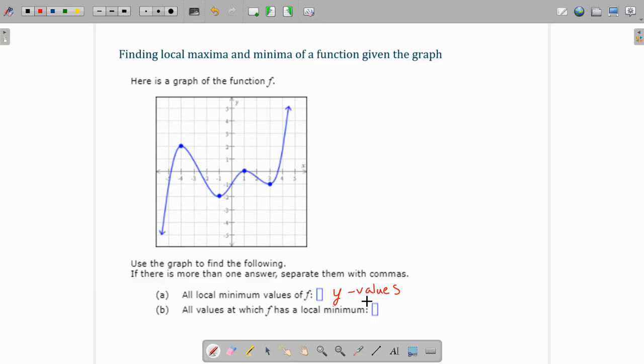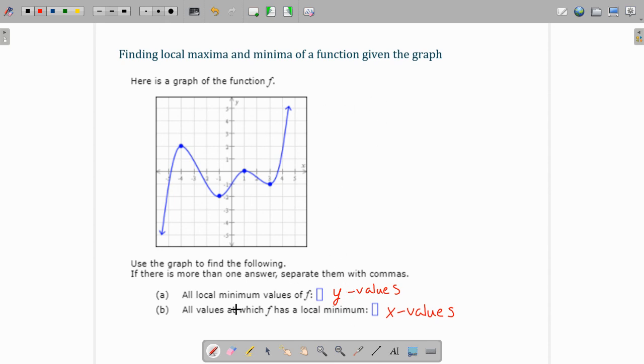These are the y values and these are the x values. Be careful. I was just looking through Alex and sometimes they switch the order. So they want the local min or max, that's the y values. All values at which f has a local min or max, that's the x values. So sometimes they switch those up.